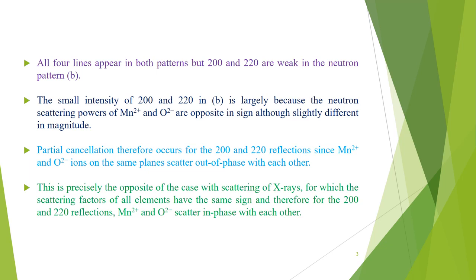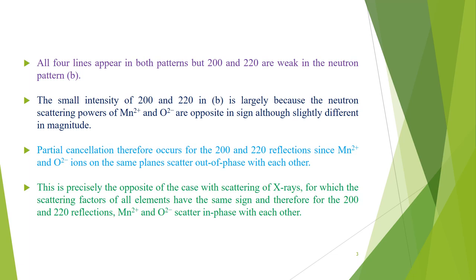Partial cancellation therefore occurs for the 200 and 220 reflections, since manganese and oxide ions on the same planes scatter out of phase with each other.